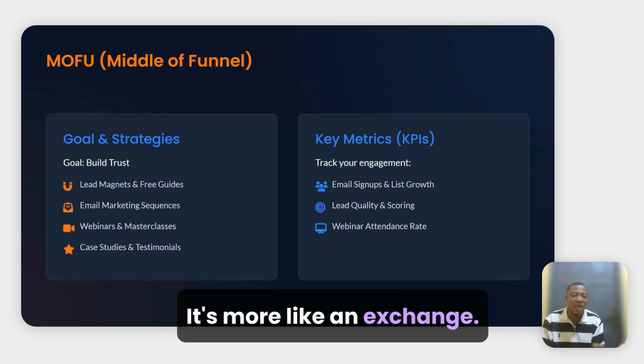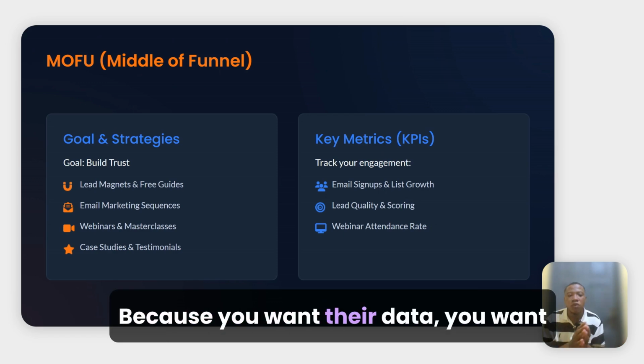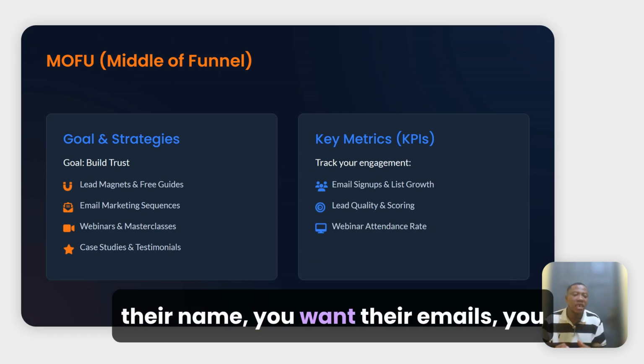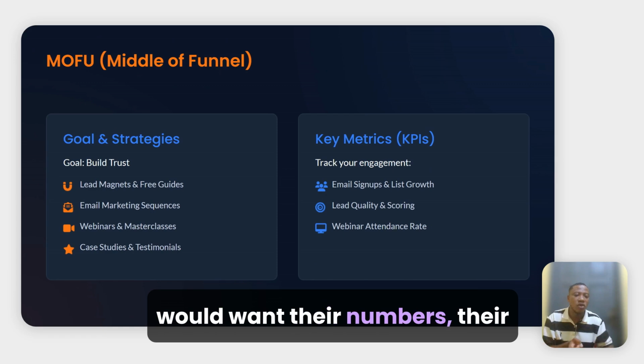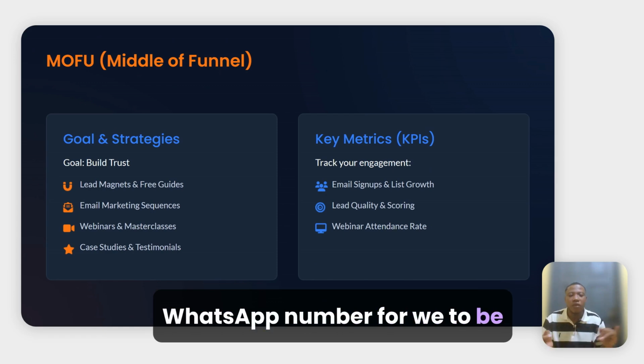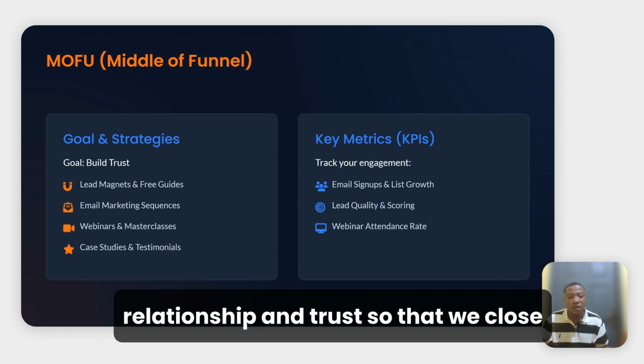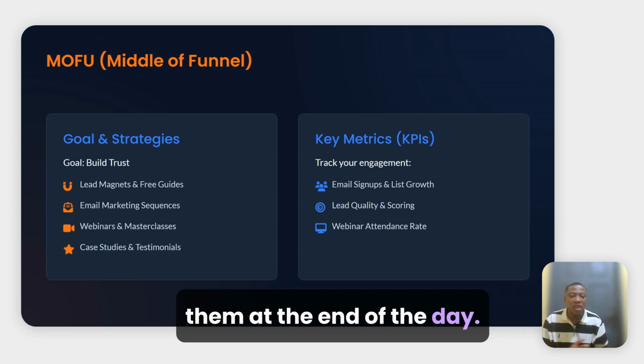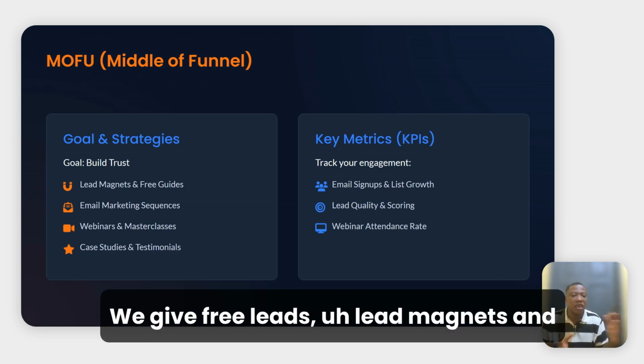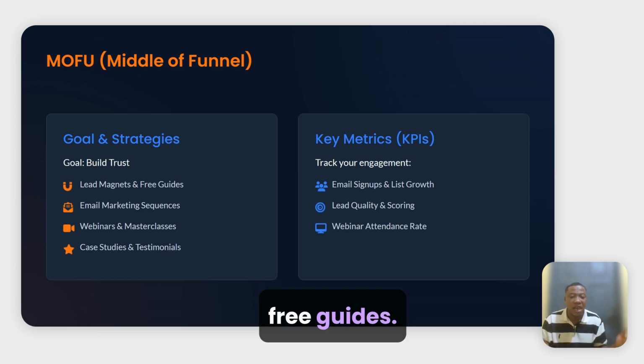It's more like an exchange because you want their data, you want their name, you want their emails, you want their numbers, their WhatsApp number, for us to be continuously talking to them and build a relationship and trust so that we close them at the end of the day. We give free lead magnets and free guides.